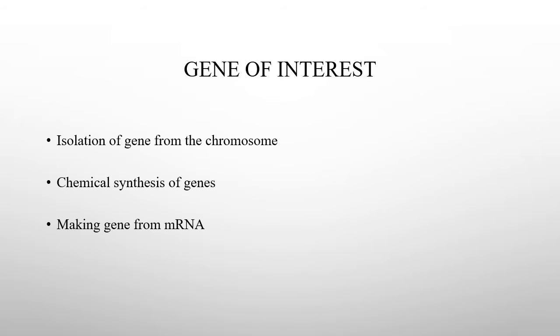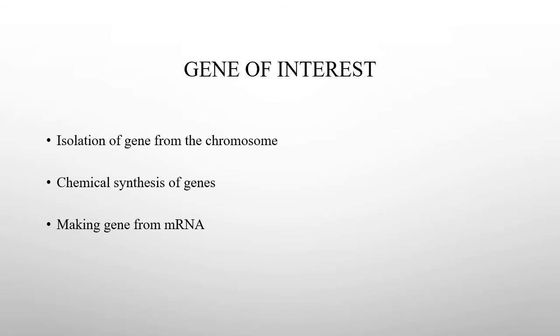For example, if we want to make insulin, we must first know the segments of DNA in a human which make the insulin protein. When we know the segments or the nucleotide sequence, we can isolate it from the chromosome.